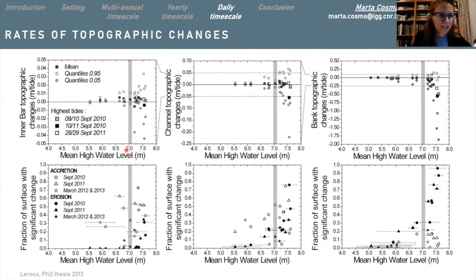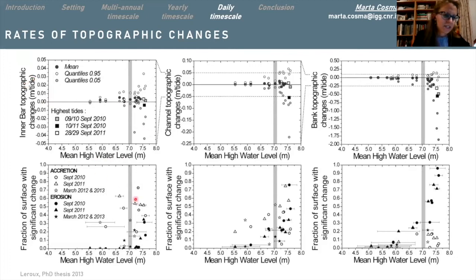So how to read this data? Tides that show mean high water level will show a mean topographic change, in this case for 6.5 tide, mean high water tide, that there will be on average an accretion of about a few millimeters, with the maximum accretion on the scale of the centimeter, and an erosion which is quite negligible.